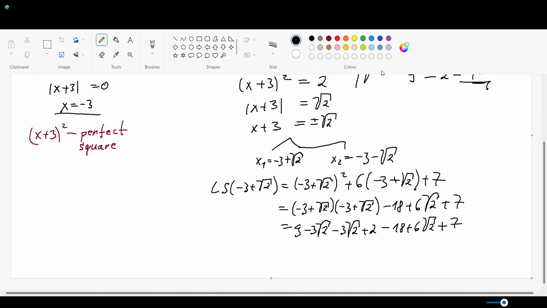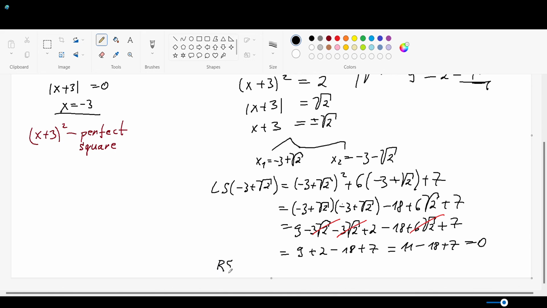We are happy now because negative 3 times square root of 2 twice will be cancelled with 6 times square root of 2. So my result is now 9 plus 2 minus 18 plus 7. Good news, 11 minus 18 plus 7 equals 0.